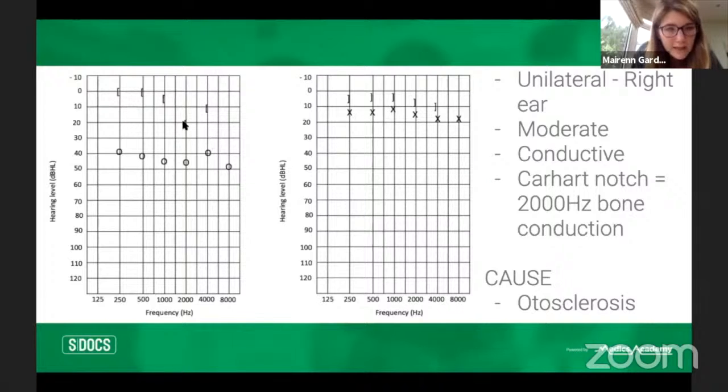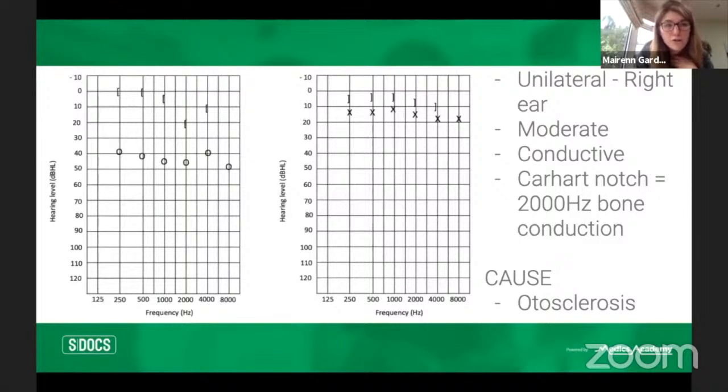Something here that is quite subtle but useful to notice is that there's a peak decrease in bone conduction at 2000 Hertz. This is something called the Carhart notch, and is quite indicative of otosclerosis. So it's something that's important to remember for any MCQ questions that come up.